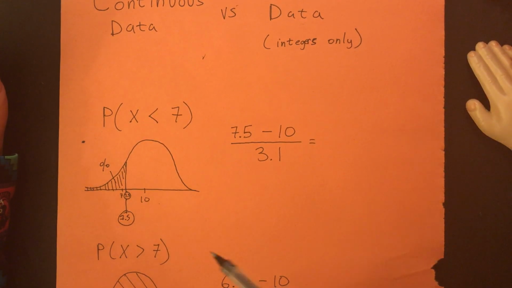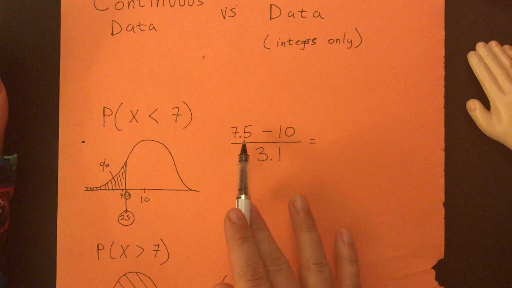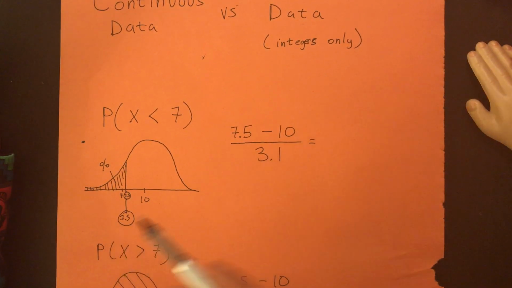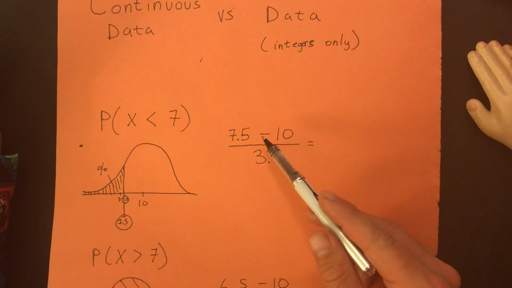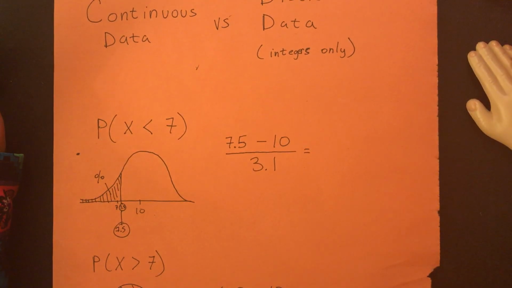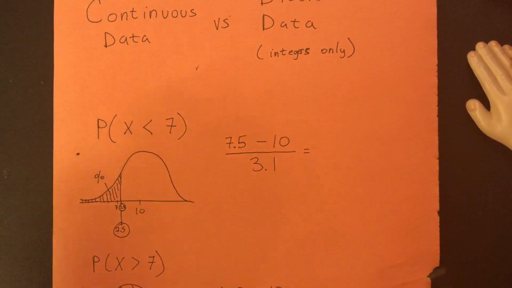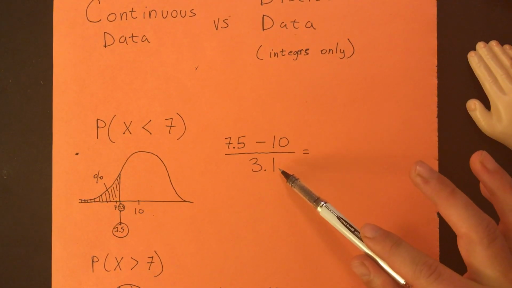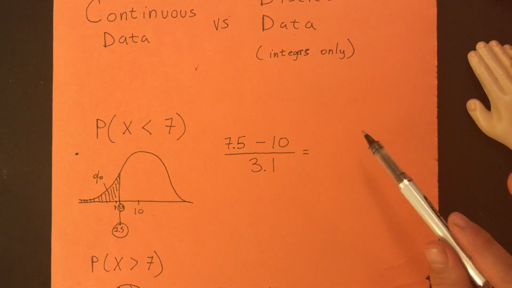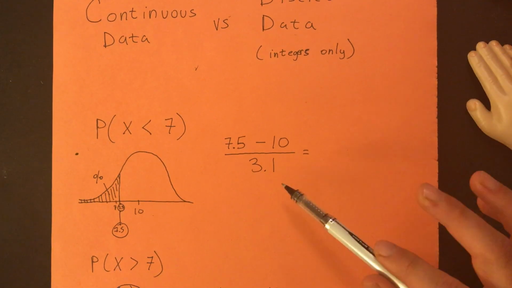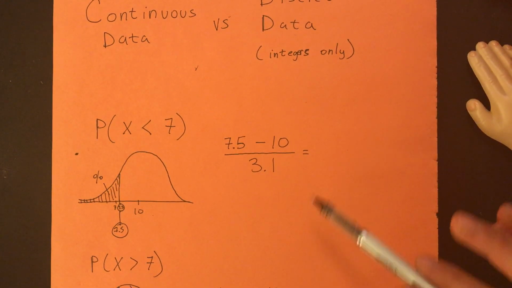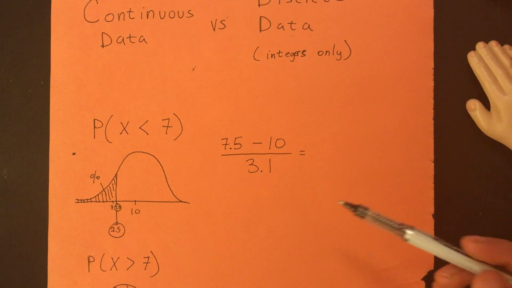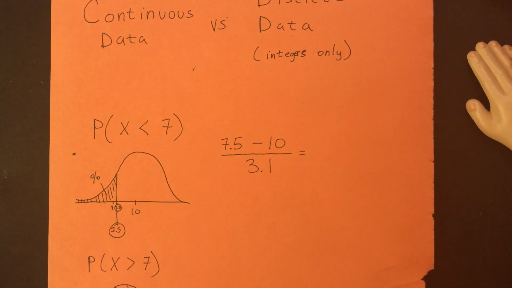Because we want the percents that are in between 7 and 7.5 to round down and count with the 7. And so into your z-score formula, rather than 7, you would start with 7.5. From here, it's just the same process as always. You'd find the distance and the amount of deviations. You'd use your table to turn that z-score into a percentage. That's all it is. This one's to the left, so we'd have to do 1 minus the positive version, etc.